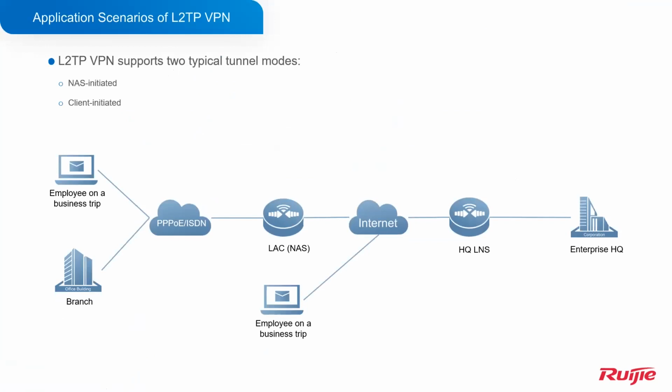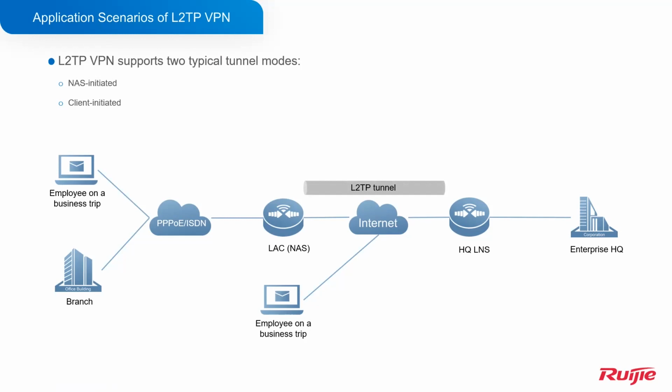Let's look at the application scenarios for the L2TP VPN. We can support two typical tunnels. One is NAS-initiated, and the other is client-initiated. The difference is that in the NAS-initiated L2TP VPN, we can directly deploy the L2TP VPN tunnel between two network devices, like two routers, right?